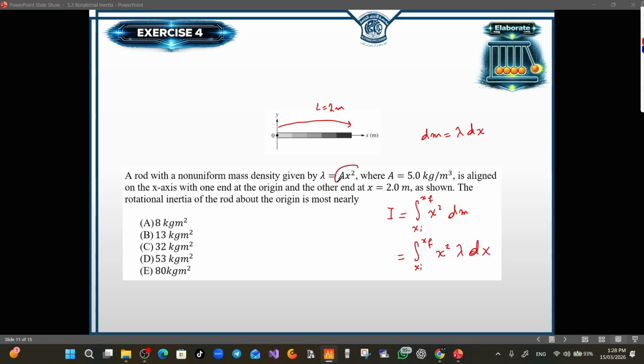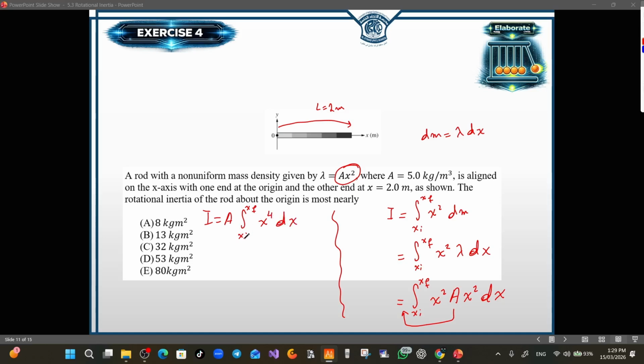Now lambda itself is written as a x squared. Now a is a constant, so we can place it outside the integration. Now x squared times x squared is x to the power 4.